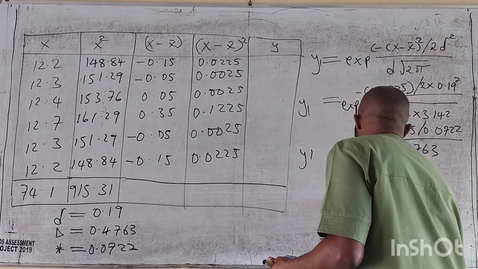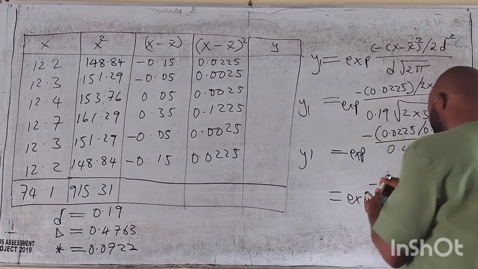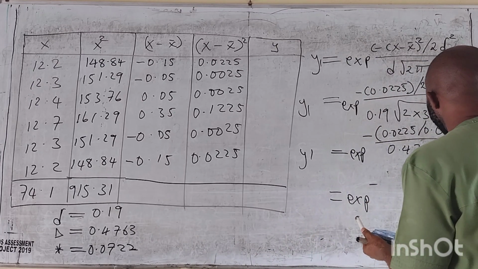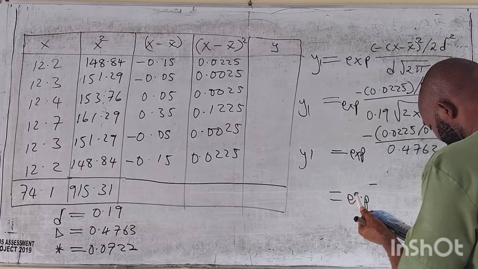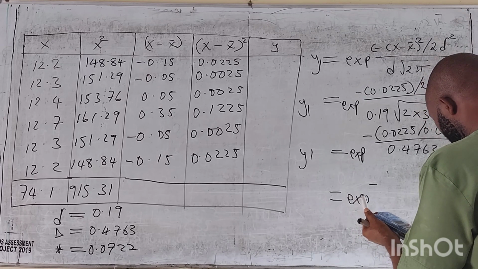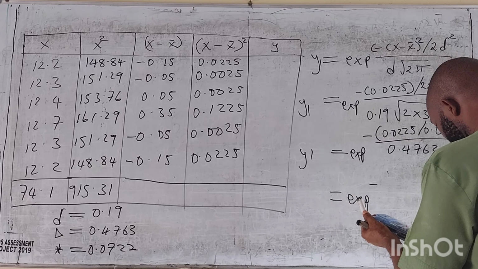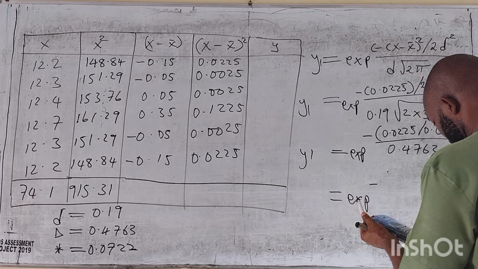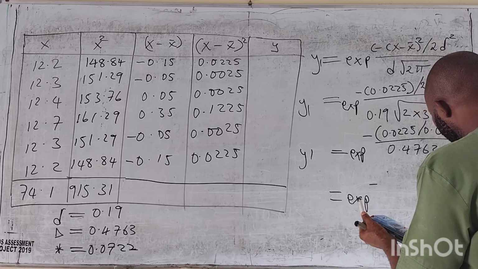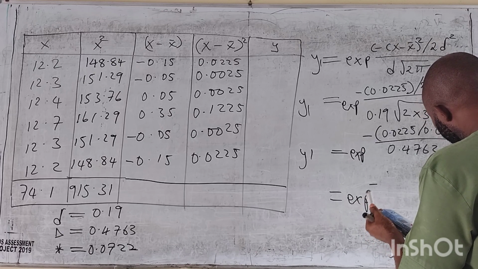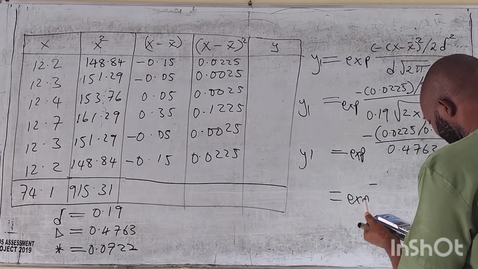This is equal to exponential minus 0.0225 divided by 0.0722, divided by 0.4763.